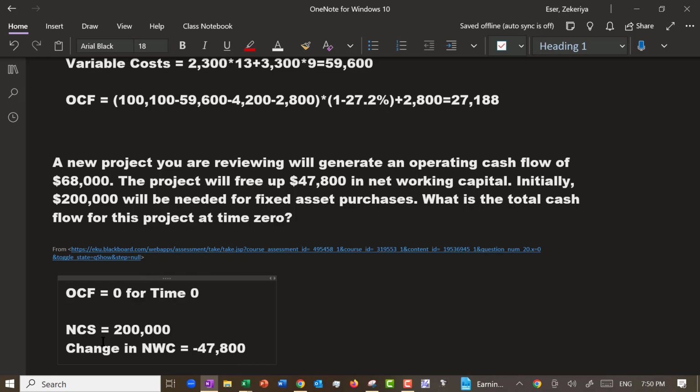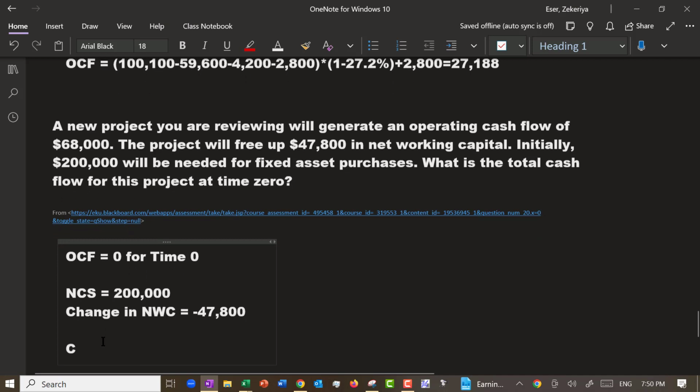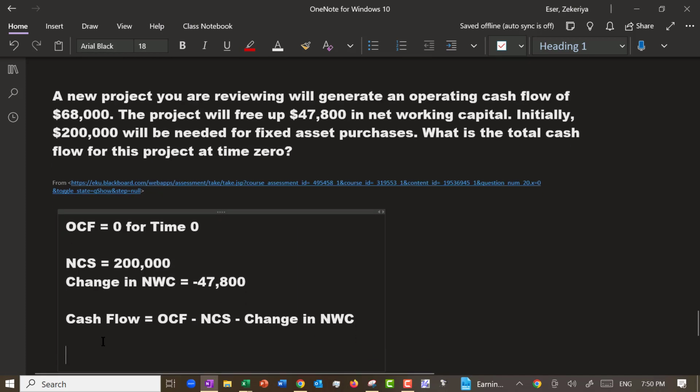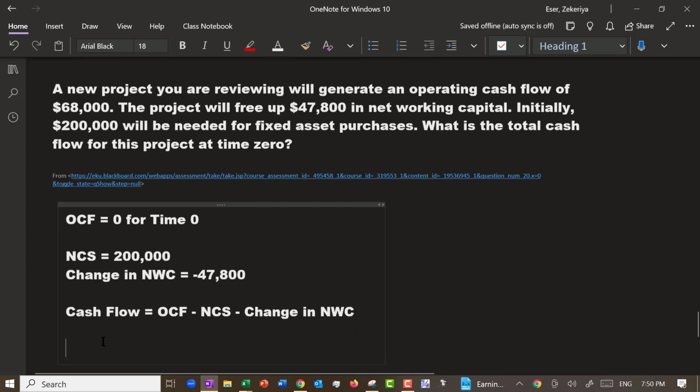So that would be 0 minus 200,000 minus 47,800. I know that's a plus, but I'm doing it on purpose that way to illustrate it. So it's actually negative 152,200.